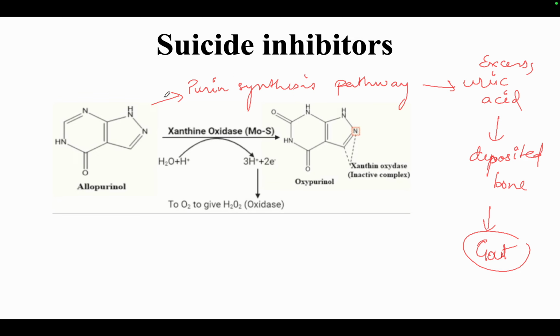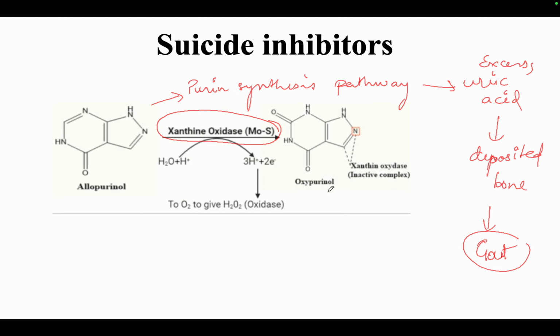So this allopurinol will modify this xanthine oxidase, which is the major enzyme involved in the purine biosynthesis pathway. It will convert allopurinol to oxypurinol.